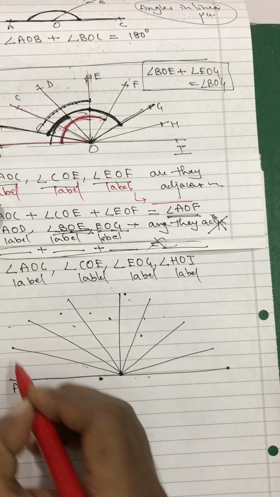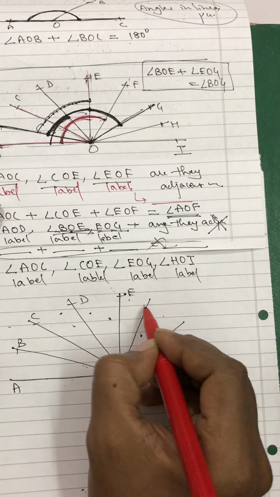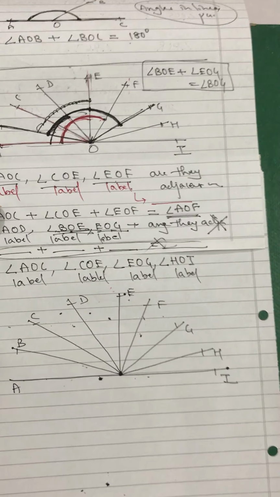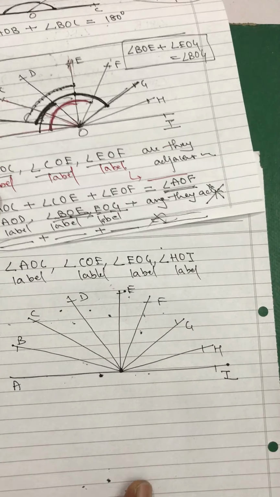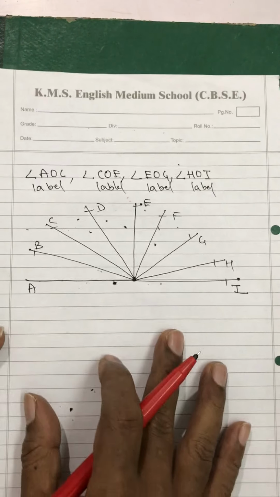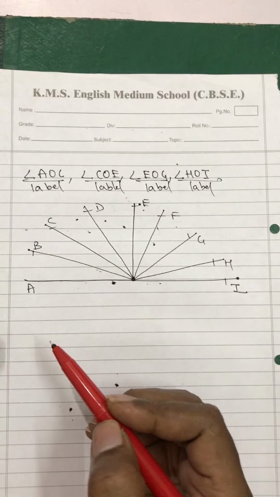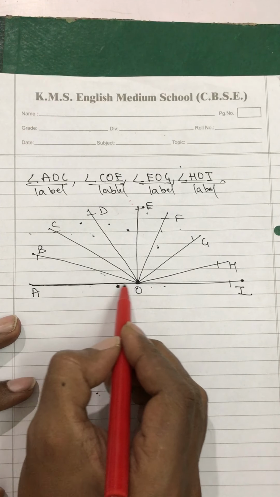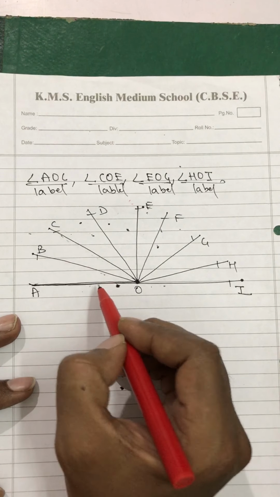Okay. A, B, C, D, E, F, G, H, I. Label this, my dear students. See whether you are able to label this. Angle AOC, angle COE, angle EOG, angle HOI. Angle AOC: one arm is AO, the other one is OC.